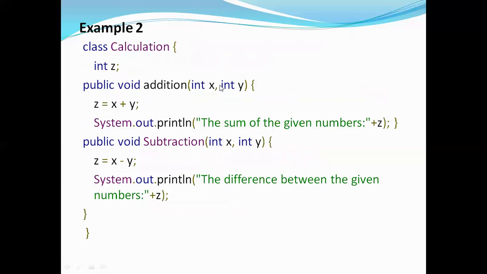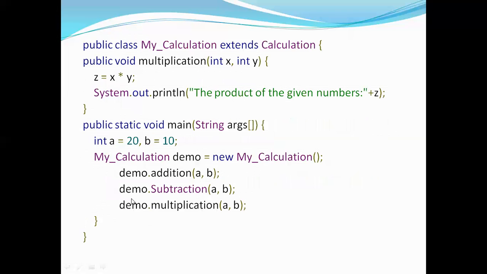So x and y will become 20 and 10. This will be added and the result will be given to Z. When I print this Z, it will print the statement sum of given numbers is 20 plus 10, that is 30. Now similarly, I'm calling demo dot subtraction a comma b.